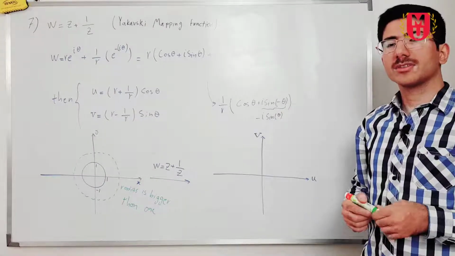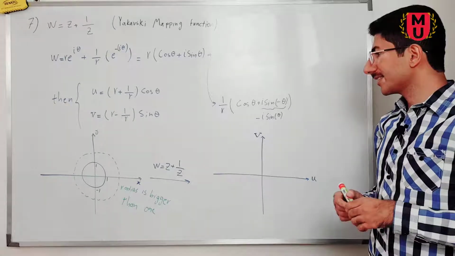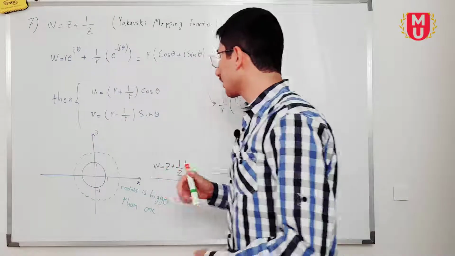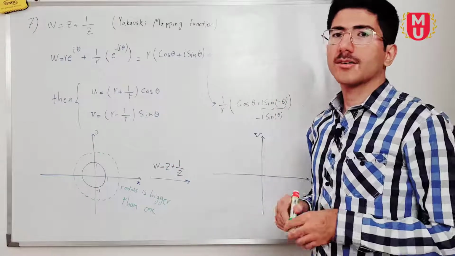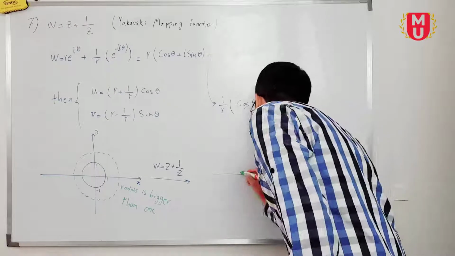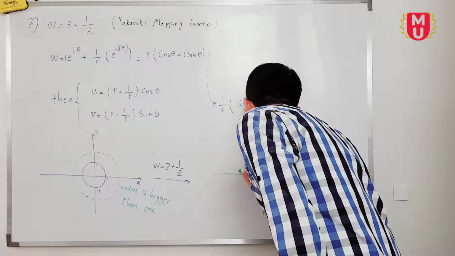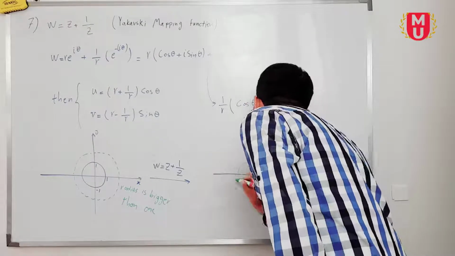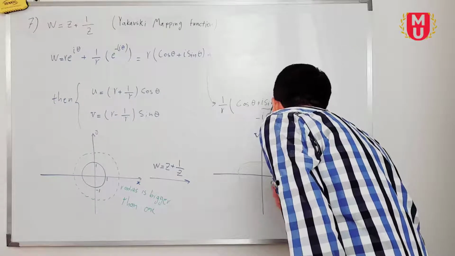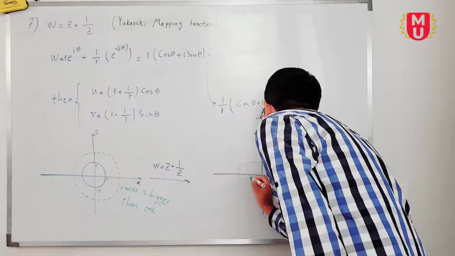Okay, I hope you have found the answer. The answer is that it becomes an oval, or ellipse, with focuses of -2 and 2.